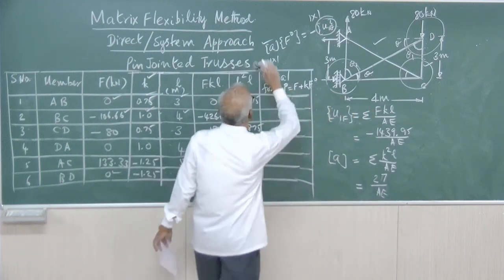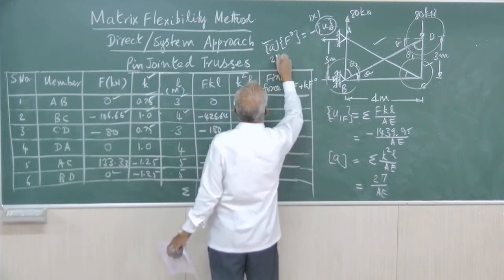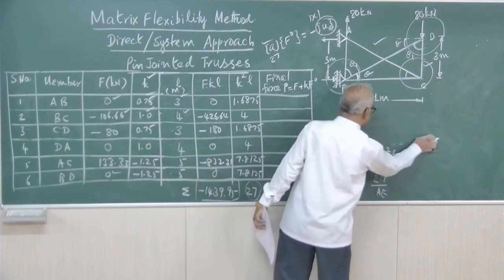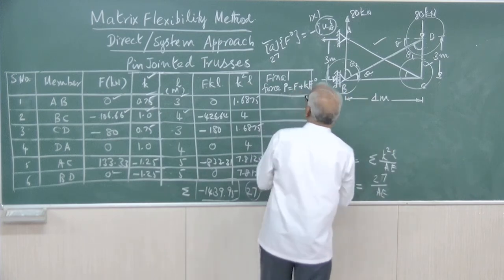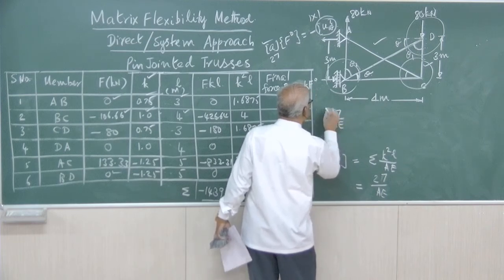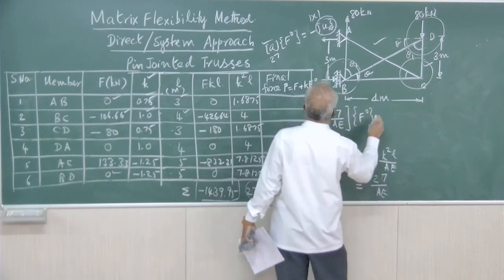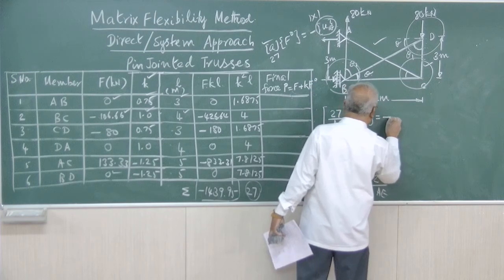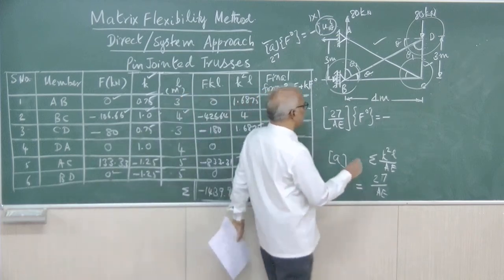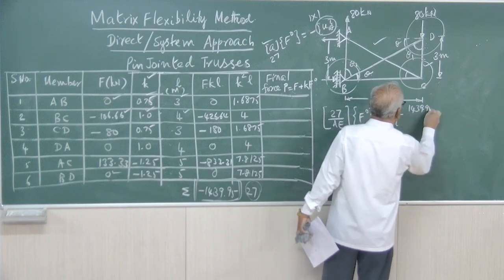Therefore, now here when you substitute, for want of space, I will write it here. Now the left hand side is 27 by AE, our A matrix, into F naught, the redundant force, equal to minus of minus 1439.95 by AE.